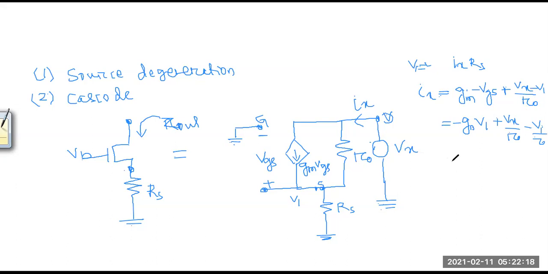Okay. So now V1 is equal to Ix into Rs. Okay, so you can put that.